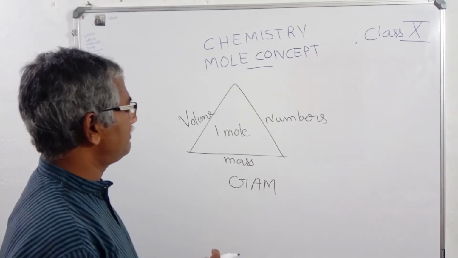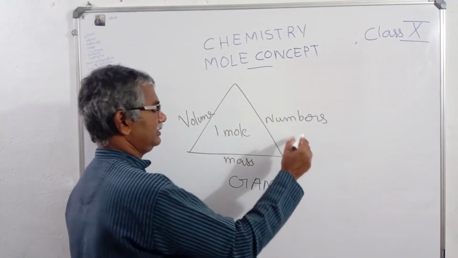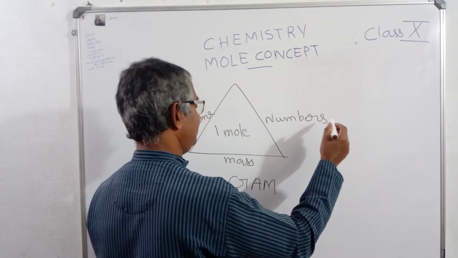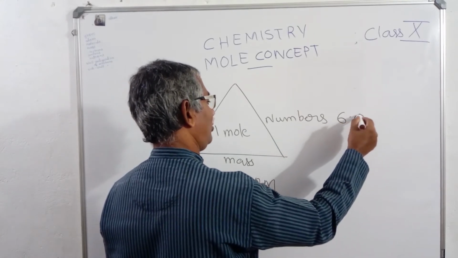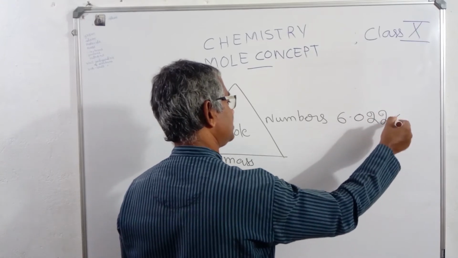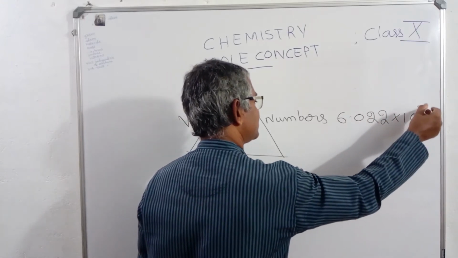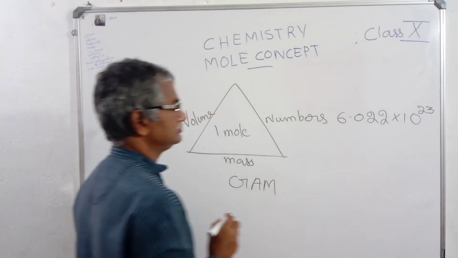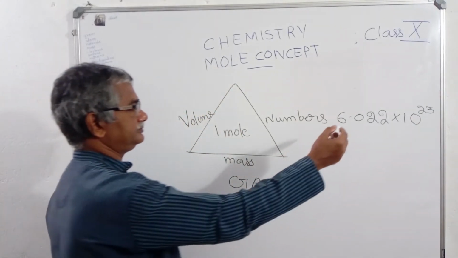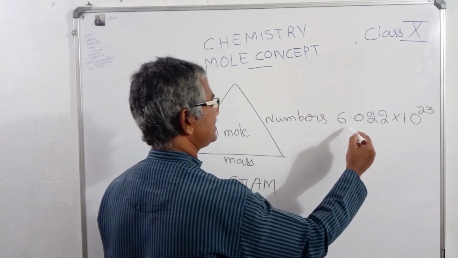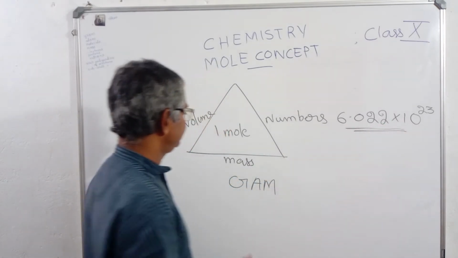If you are taking the number of atoms, we can say it will be 6.022 into 10 to the power 23 atoms. In mathematics, we can write a number in scientific form. We are following the scientific notation here.